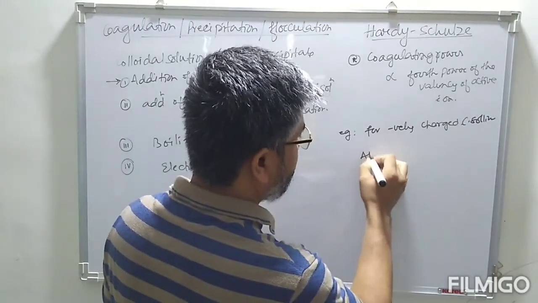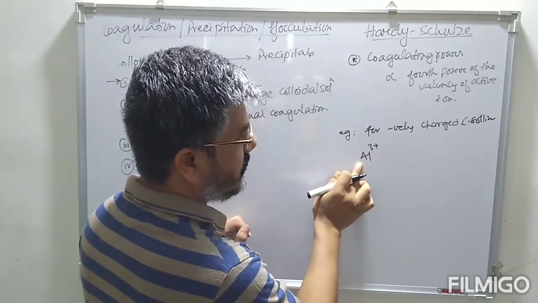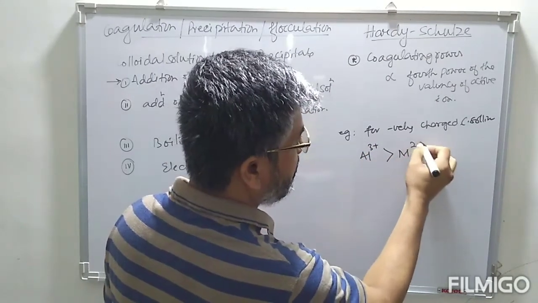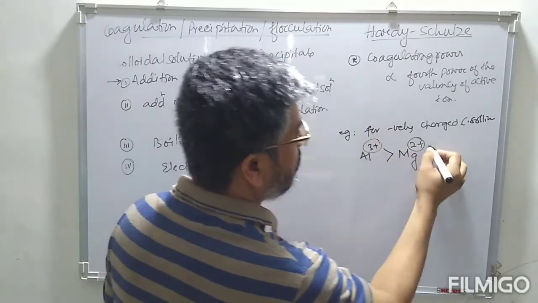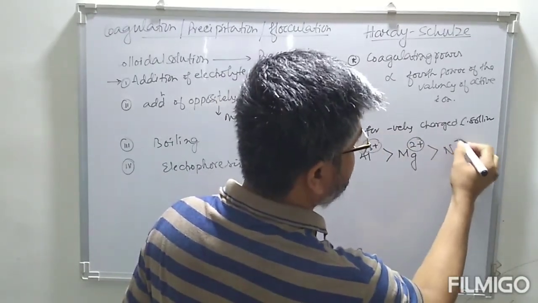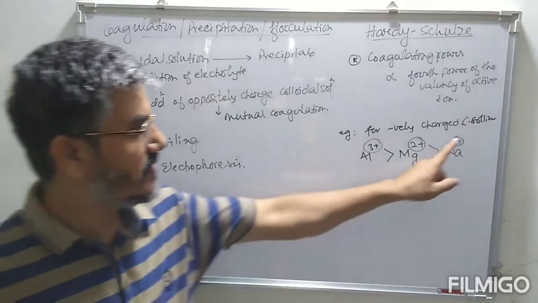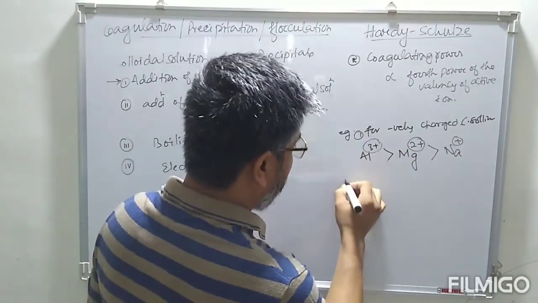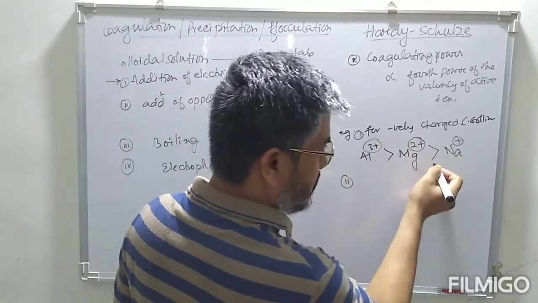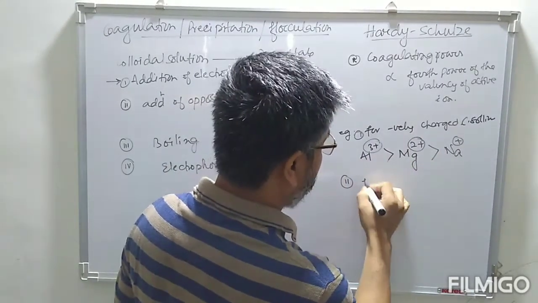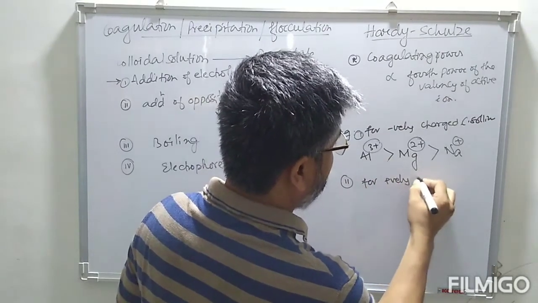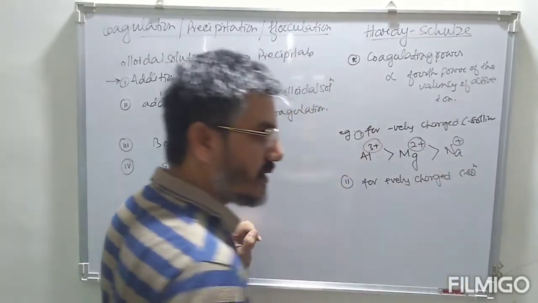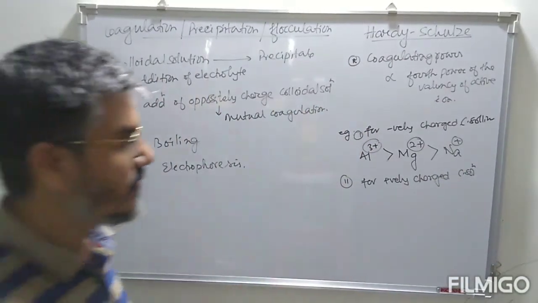So look at it. The coagulating power of aluminum plus 3, with valency 3, is greater than the coagulating power of magnesium, valency 2, which is greater than the coagulating power of sodium, valency 1. So as the valency increases, coagulating power increases. For a negative charge, we are taking a cation. For a positively charged colloidal solution, we have to take an electrolyte whose charge is negative.